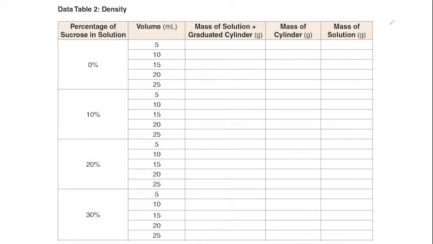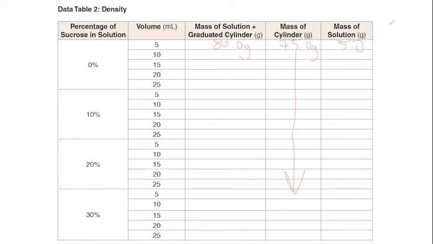Let's say the graduated cylinder is 75 grams, and the mass of the cylinder plus 5 mL of water is 80 grams. So then the mass of the solution is 5. The mass of the cylinder should stay the same all the way through here, and we just subtract it so that we know what the mass of the liquid inside is.